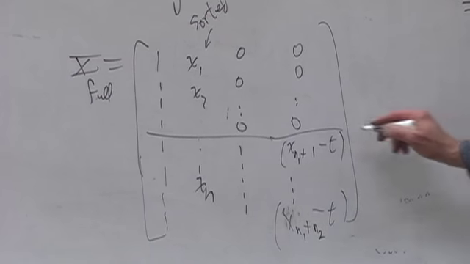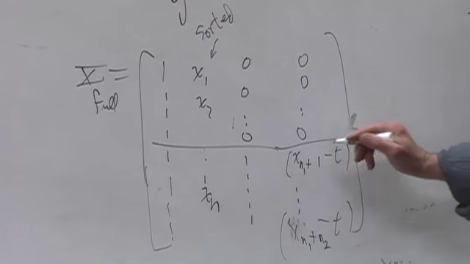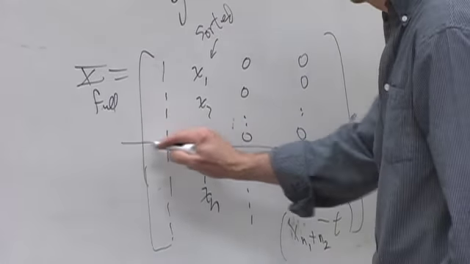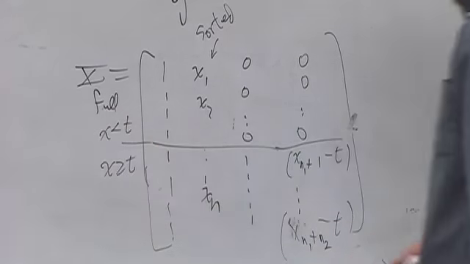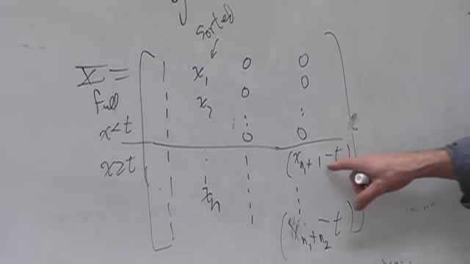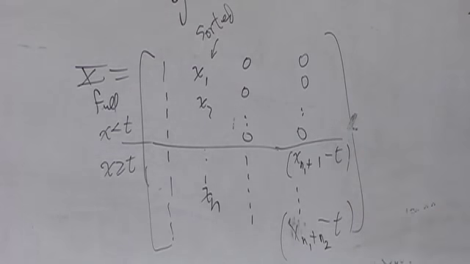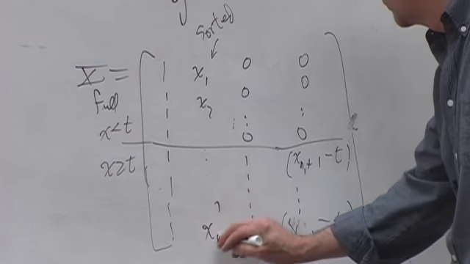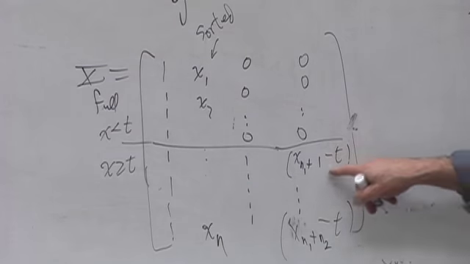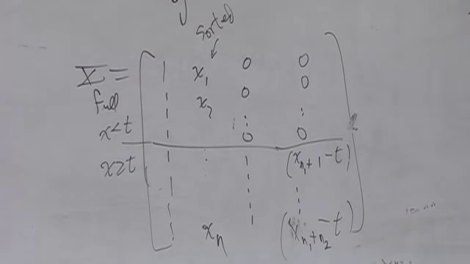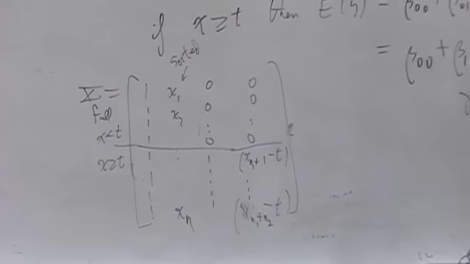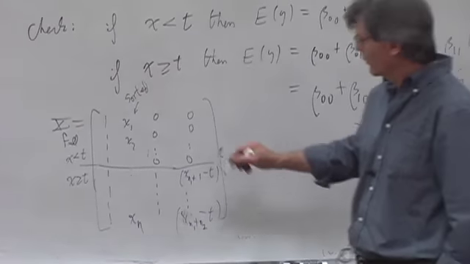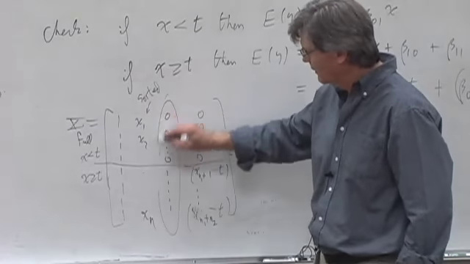These rows correspond to x less than or equal to t, x less than t here and x greater than or equal to t here. And if x is equal to t, then you simply get zero there. That was the full model, and then the reduced model for your exam problem was to take this column out.